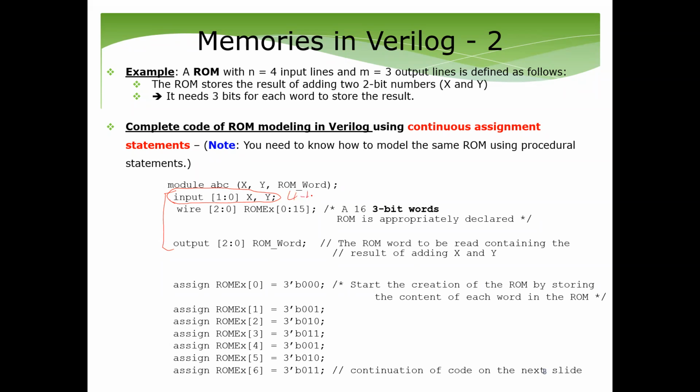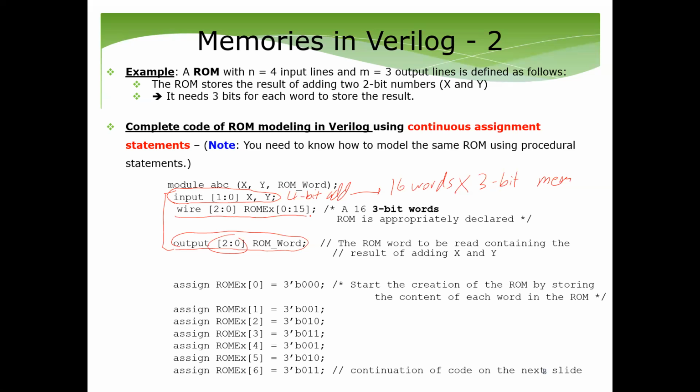That means this is a 4-bit address, meaning we have 16 words in this memory. And how many bits for each word? This is going to be defined by the output. So the output is 2 to 0, that's 3-bit. So this is a 16 words by 3-bit per word memory, or ROM.